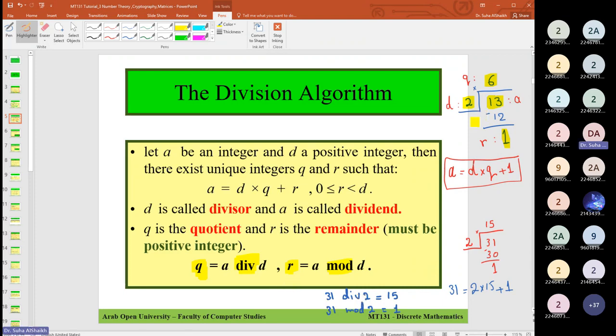There is a quotient, the result, and there is a remainder R, and one of them we call the div, one of them we call the mod.